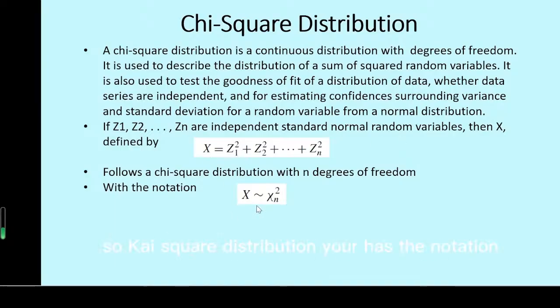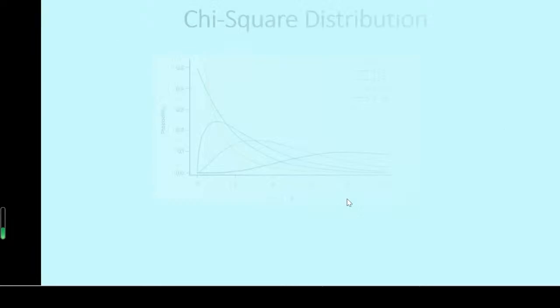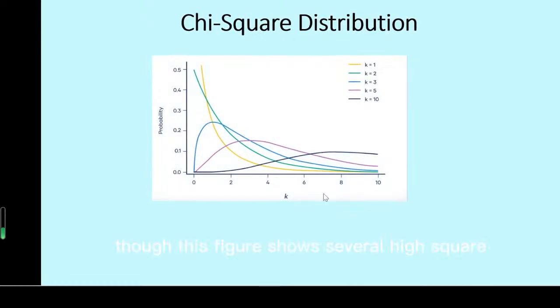Chi-square distribution usually has the notation chi-n squared. This figure shows several chi-square distribution density curves with different degrees of freedom.